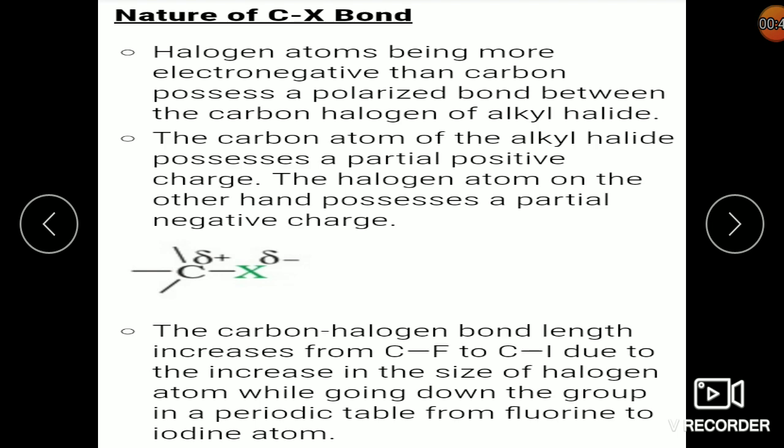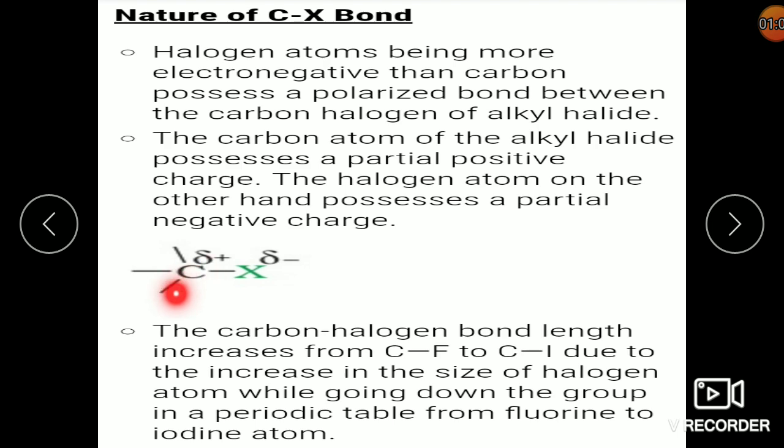So what happens in haloalkanes in the C-X bond is that the halogen, being more electronegative, will attract the shared pair of electrons toward itself. Now when electrons accumulate more towards the halogen, a partial negative charge will develop on the halogen atom.